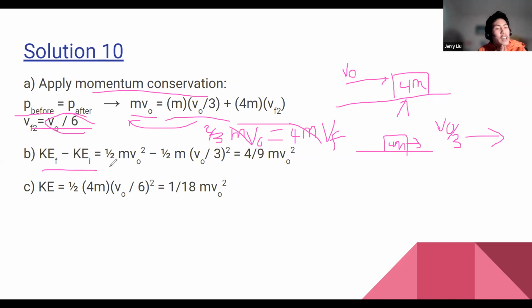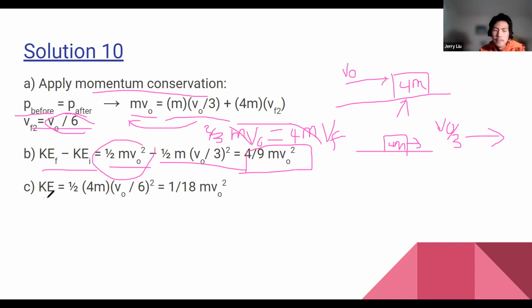You have KEf minus KEi, and then you just put in the formulas. 1/2 mv² is kinetic energy, so this is 1/2 mv0², because it's traveling at v0 beforehand. It was traveling at v0/3 afterwards, so you subtract, and you get 4/9 of mv0².